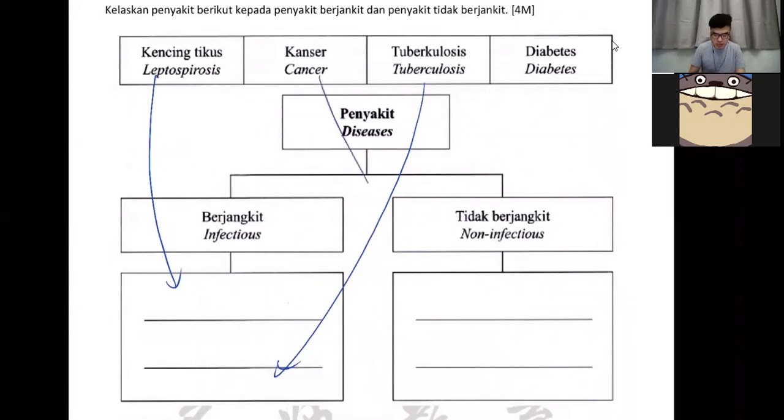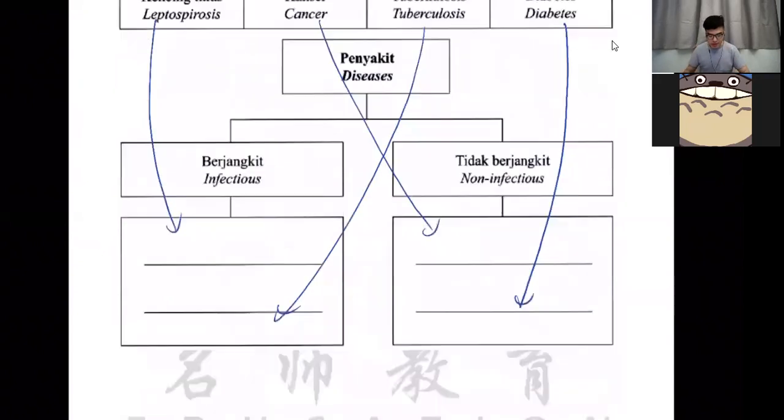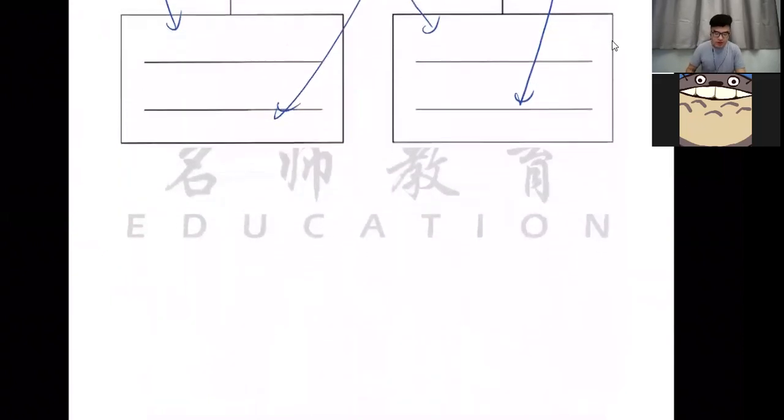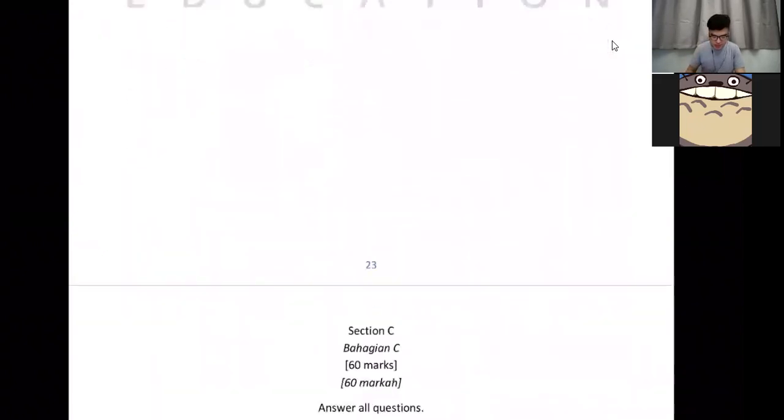You cannot pass cancer to others. And then, of course, your diabetes. Okay, I mean, genetically wise, yes, you can pass it to your kid, but you cannot pass it to anyone not related to you. So it's not infectious. Okay, like COVID. COVID is a very infectious disease. That's why it is very feared, because they can pass on to many people.